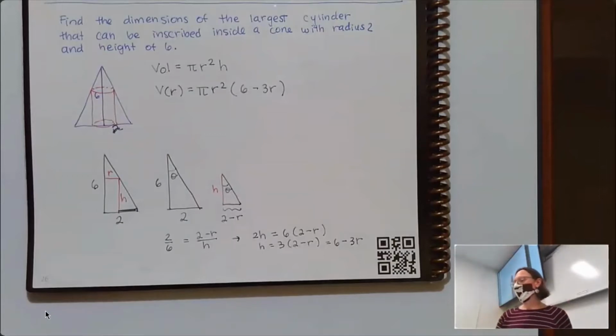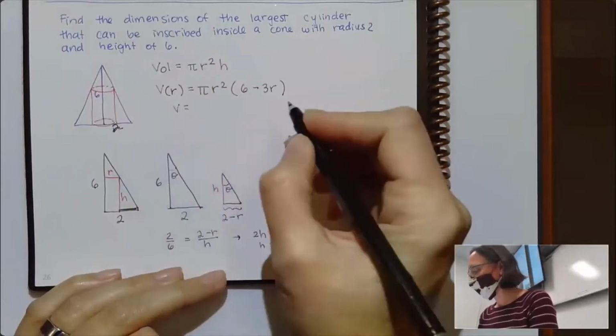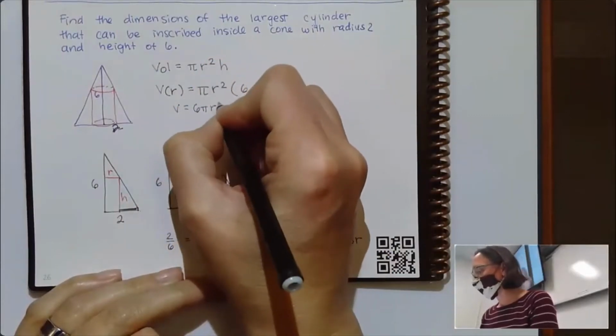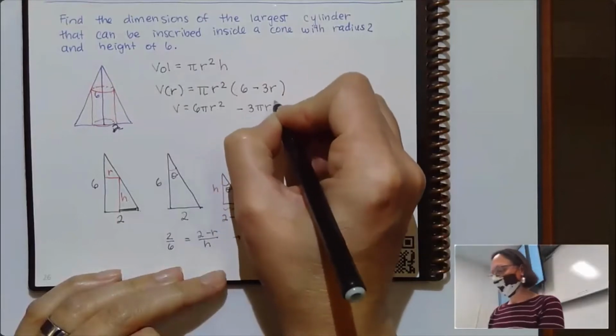Or if you want, do a little bit of algebra first so that you don't end up with a product rule. I'm going to multiply things out before I take a derivative, so V is equal to 6 pi R squared minus 3 pi R cubed.